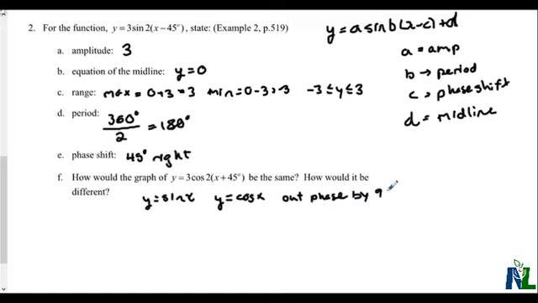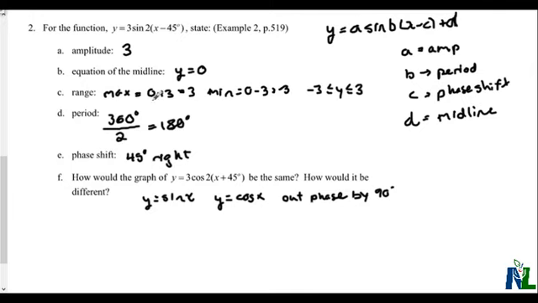If we have the period of both of those, they'll be out of phase by 45 degrees. So if we had just y equals cos x and y equals sine x, we'd have a 90 degree phase shift. In this case, if we didn't have the 45 here and the 45 here, we'd be out by 45. But what we've done now is we've moved the sine function 45 degrees to the right, and then we've moved this 45 degrees to the left.